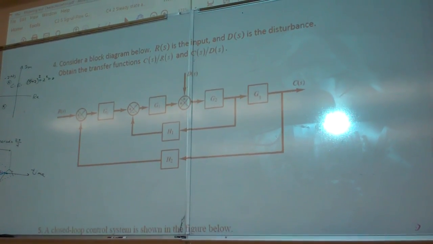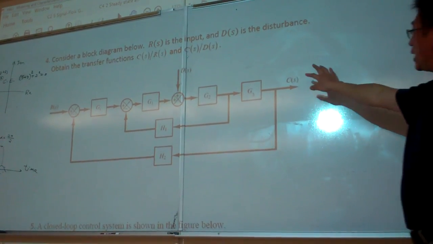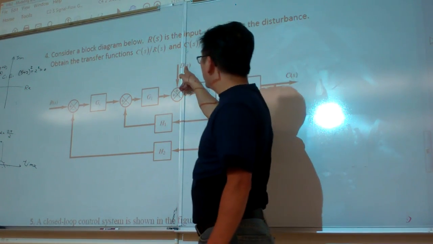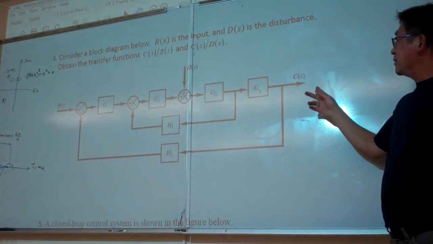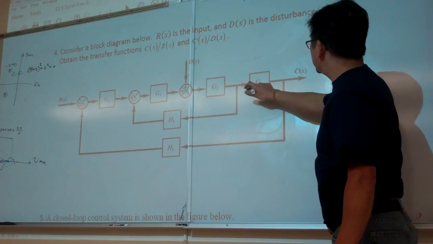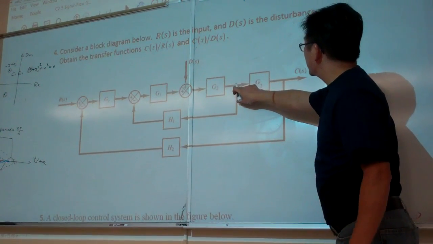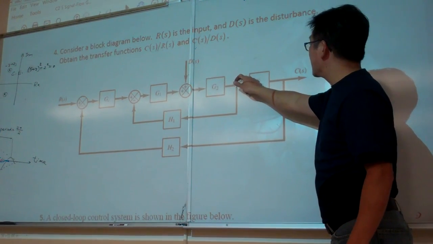For the fourth question, again, this is our output, and we have two inputs, this one and this one. And again, you simply work backwards. For example, here C will be equal to G3 multiplied with this one. Let me call it, say, X1.